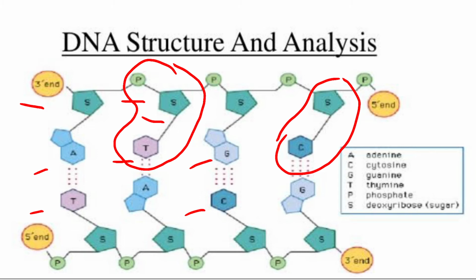Adenine always pairs with thymine with 2 hydrogen bonds. Like that, guanine always pairs with cytosine with triple bonds.